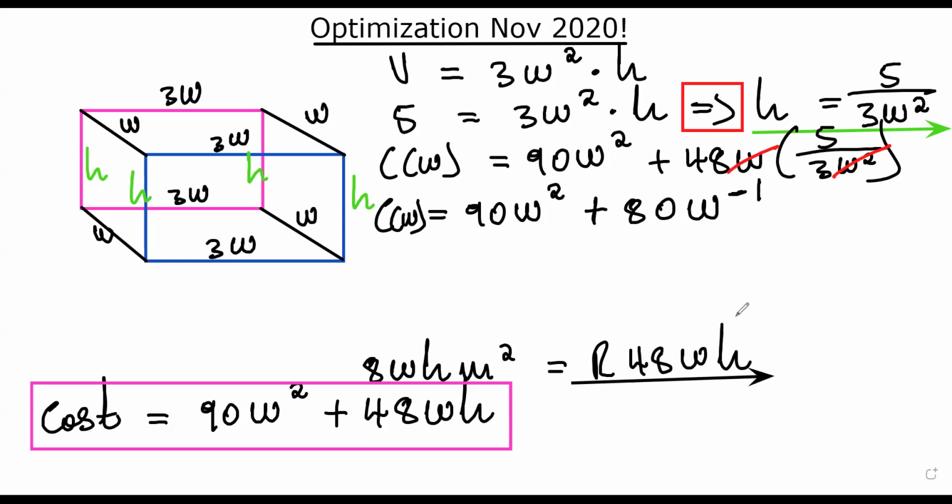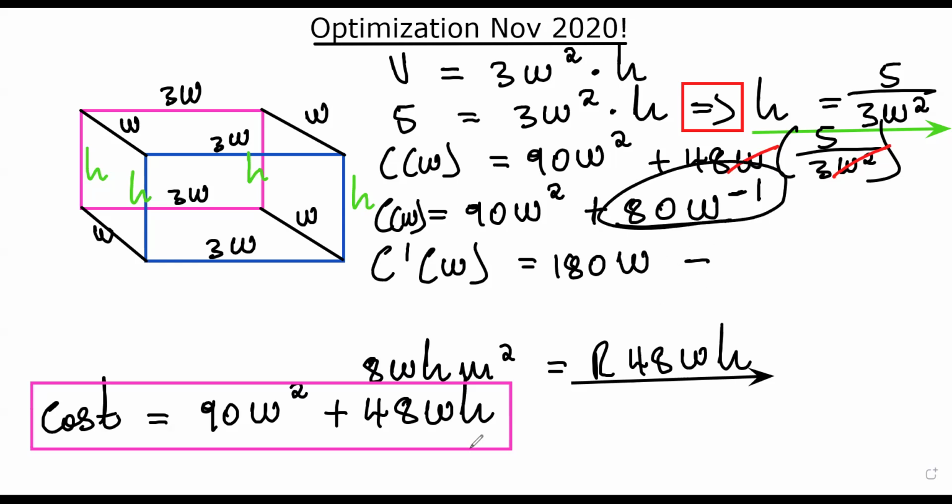Then from this point, we differentiate our cost function. So using the power rule, derivative of this one is 180w, and derivative of this one is negative 80 w to the negative 2, right?